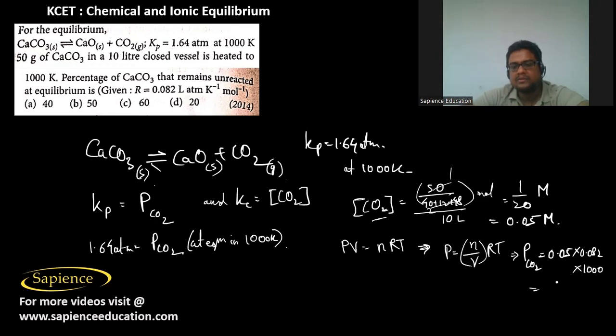So this will be equal to 82 into 0.05, means 1 by 20, so it is 4.1 atmosphere. So now the pressure of CO2 is 4.1 atmosphere.